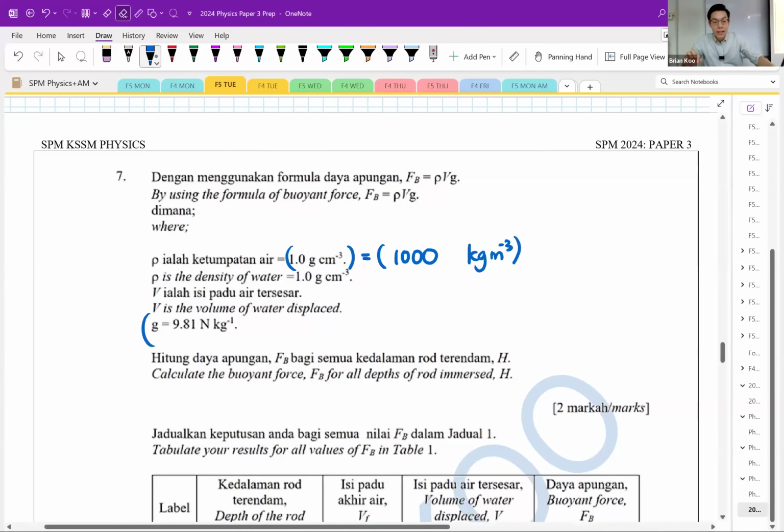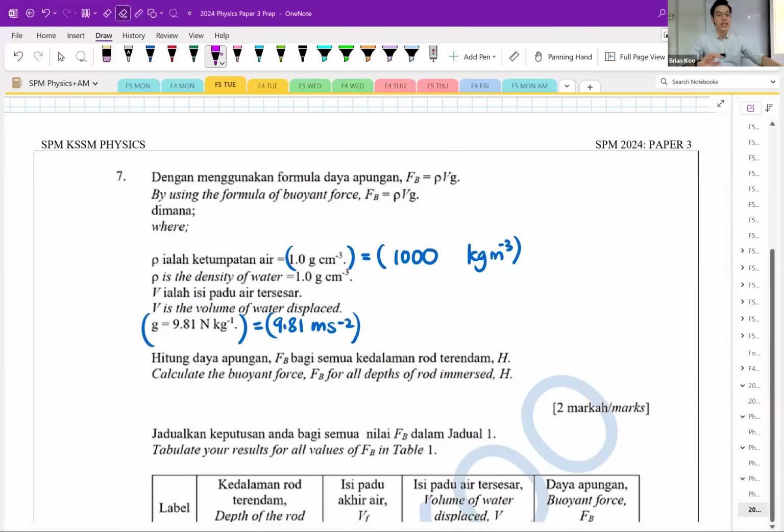Also another thing, 9.81 Newton per kg is the same thing as 9.81 meter per second squared. Same. So I could give you the meter per second squared, or I can give you the Newton per kg. If you forgot how to get Newton per kg, you just divide weight by mass. You will get Newton per kg.